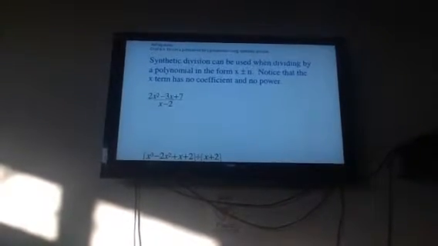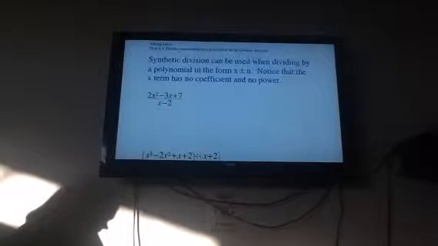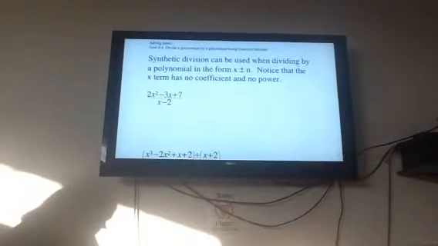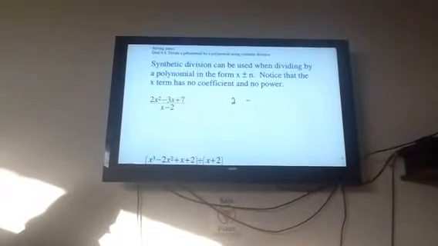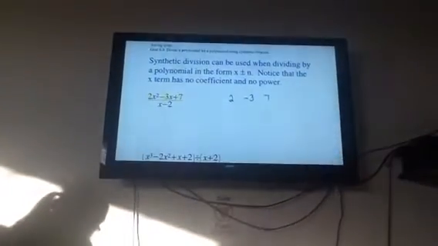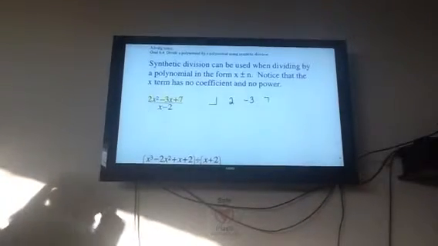Okay? So when you set up synthetic division, it looks like this. You take the coefficients, and you write them without x's. So 2, leave a little space, -3, leave a little space, and 7, leave a little space. And then you put like this half box over here.